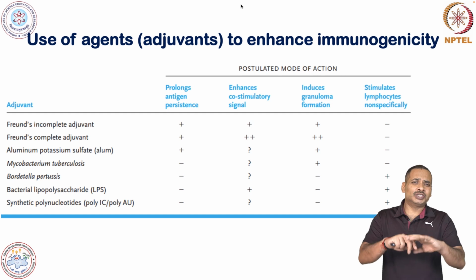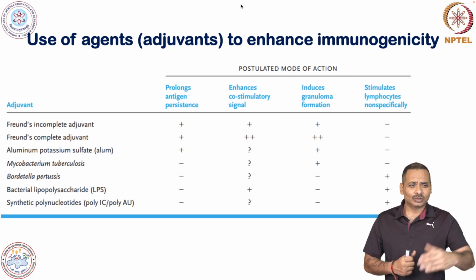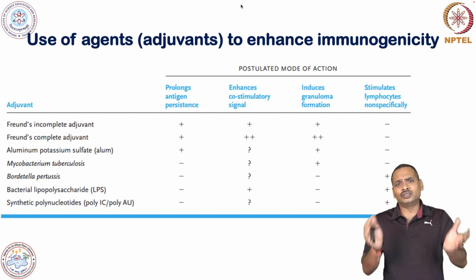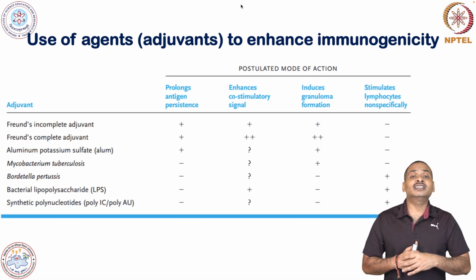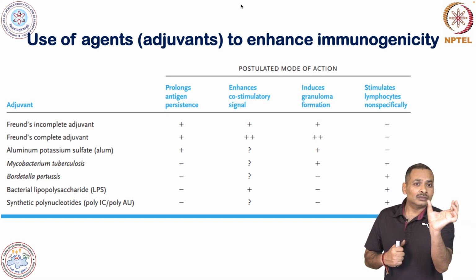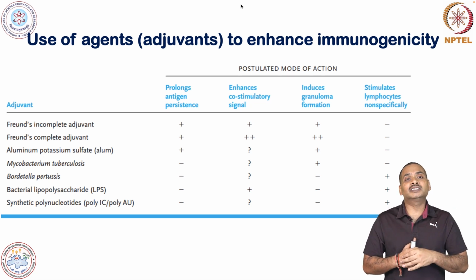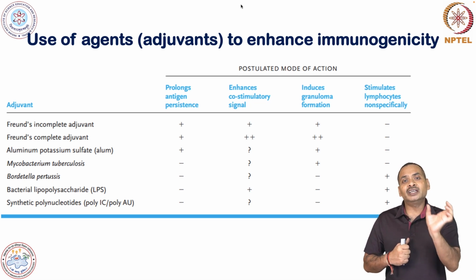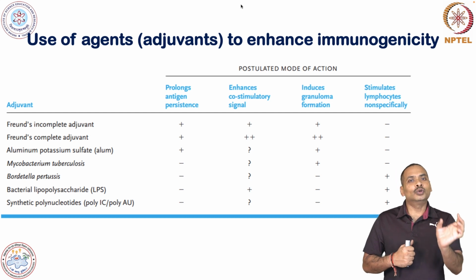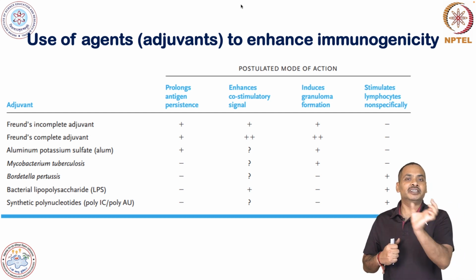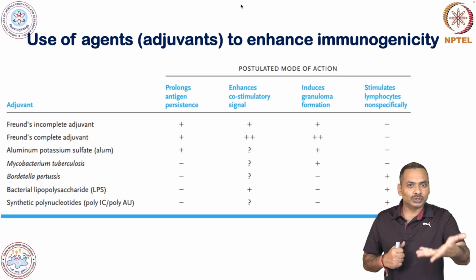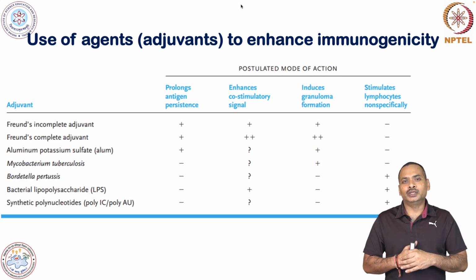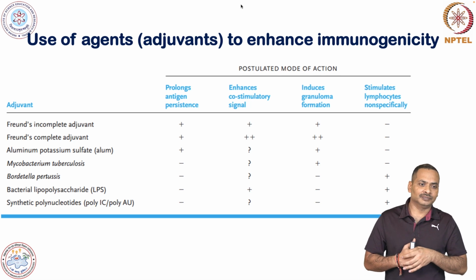However, this is associated with a lot of toxicity, and that is why it is not used. But recently there is one component of LPS, MPLA, monophosphoryl lipid A. This component is proposed to be used as an adjuvant, and it does not have toxicity.